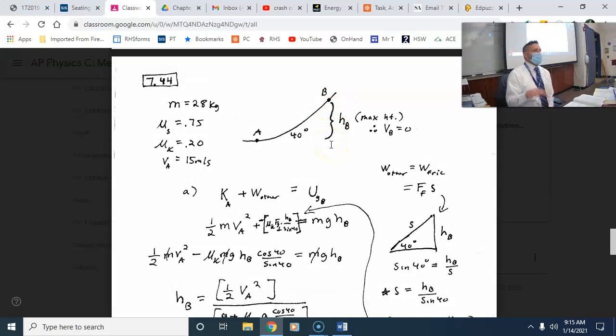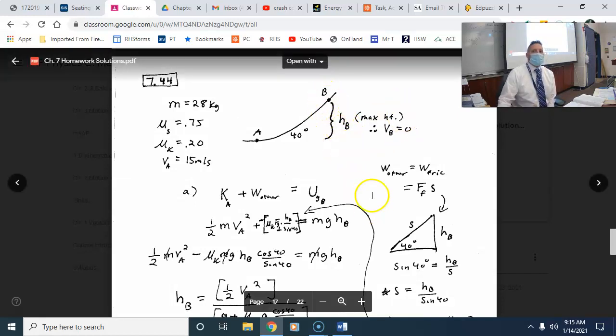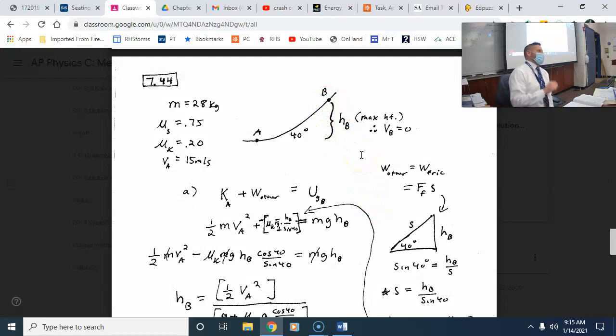Because when we first introduced our potential energy function, I just called this H the height at point B. When we break down potential energy to mgy generically, y was always the vertical distance, even if we were on an incline, right? Or a hill like this. It's always represented in there, so that's what we need to solve for.